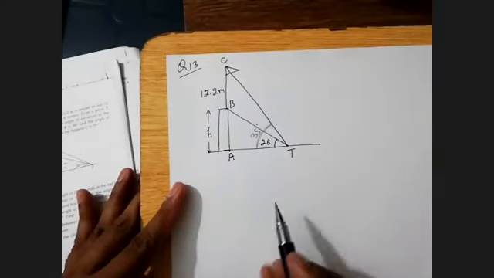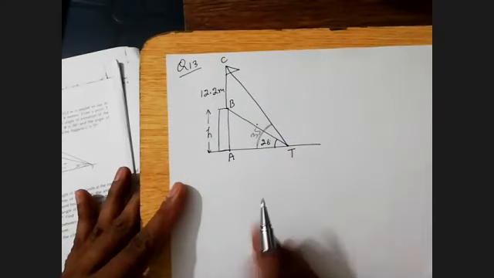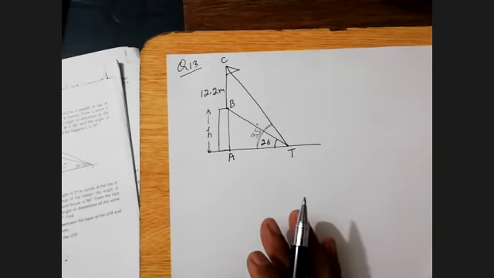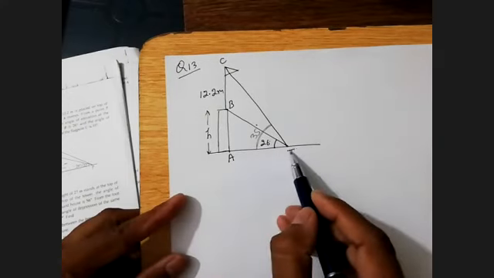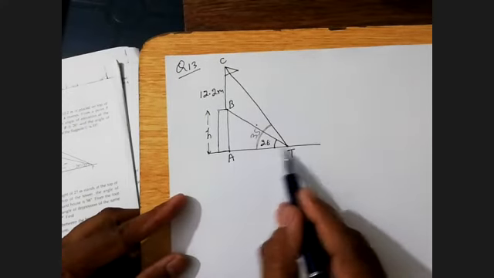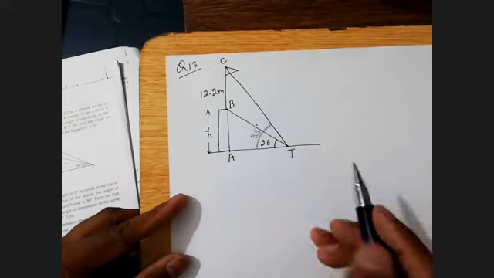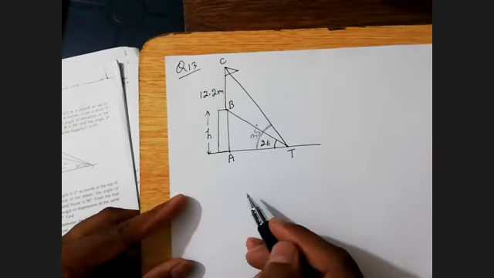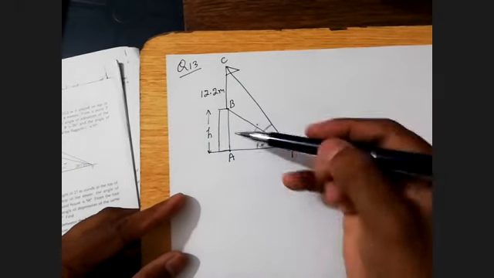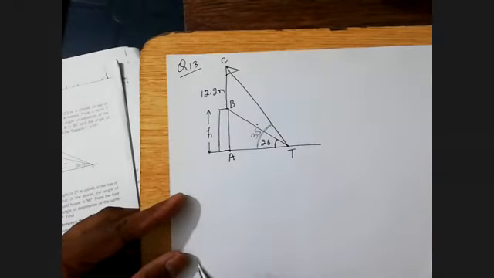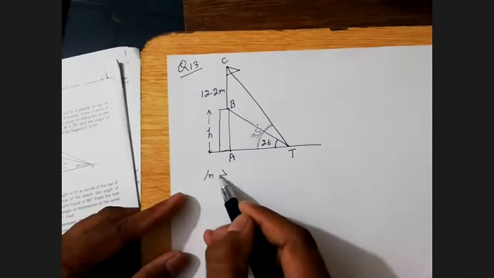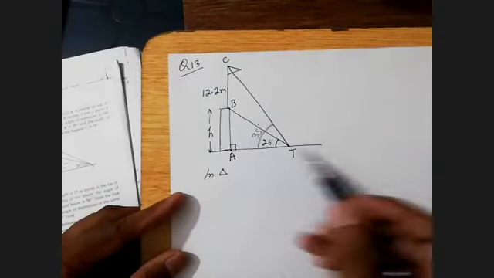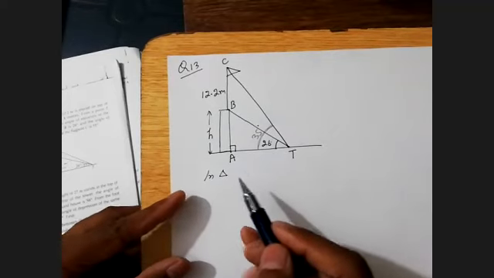In this question, I'll try to make two equations because I don't know AT, the distance between A and T. This AT is not known to me and I have to find H. Both the triangles I am going to take are right angle triangles.